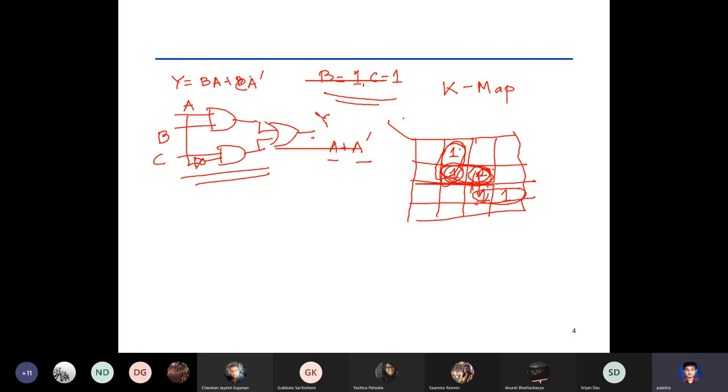How to remove the static 1 hazard? Very easy. Add redundancy. Add an additional product term. You add an additional AND gate, and you add it to the OR gate, as a third input of the OR gate.